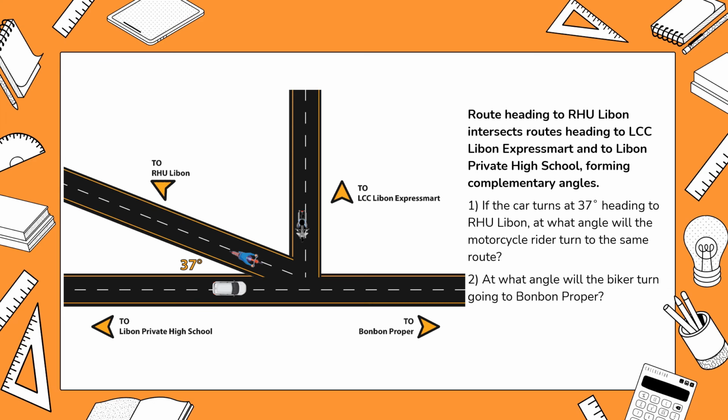Anyone? Very good. Since it forms complementary angles, we know that complementary angles sum up to 90 degrees, and the car turns at 37 degrees. That motorcycle rider will turn at what angle?